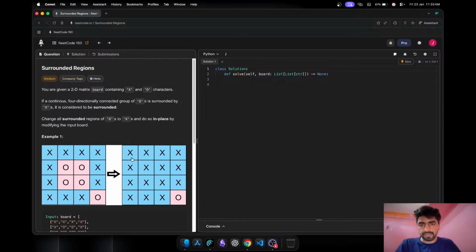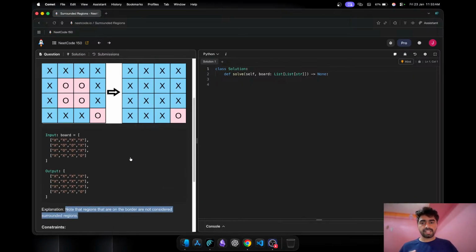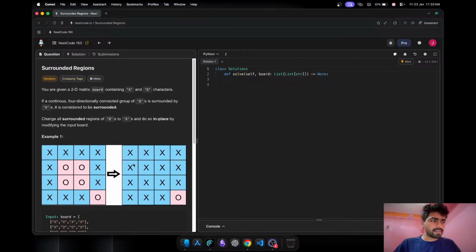This is my approach, and I mostly suffer in the code. If I get the problem statement, I suffer in the code.